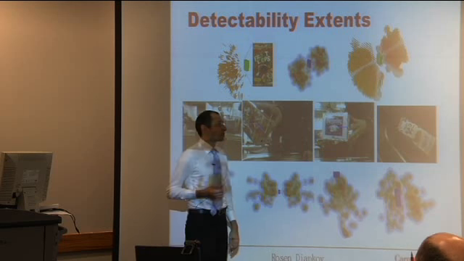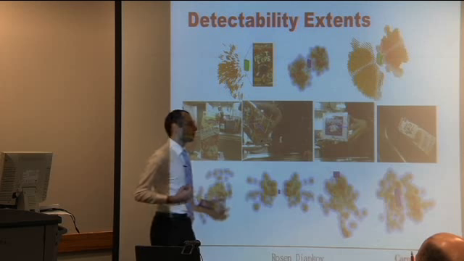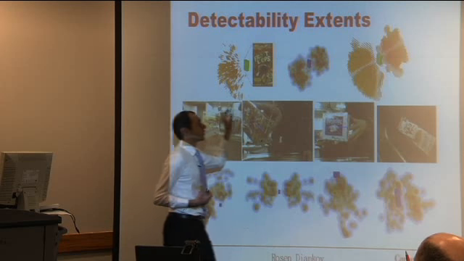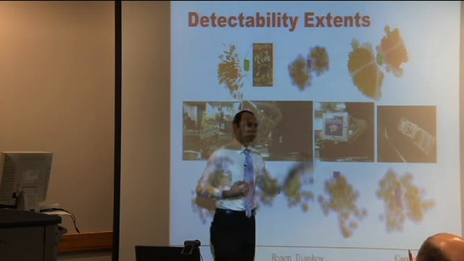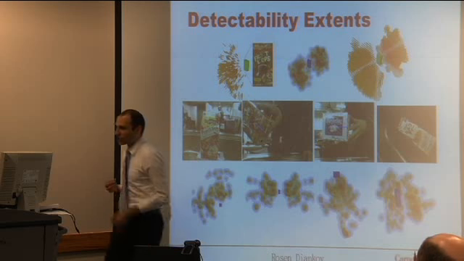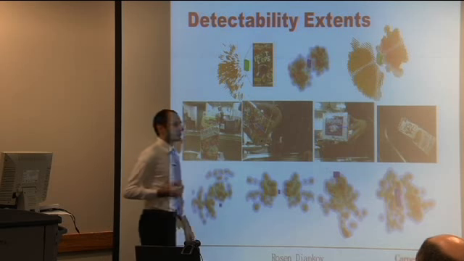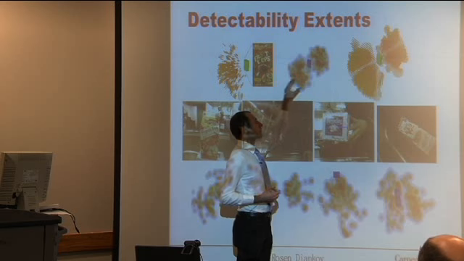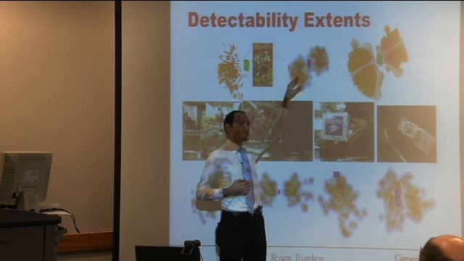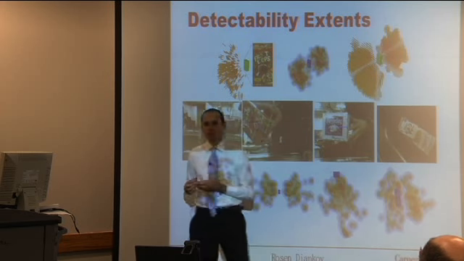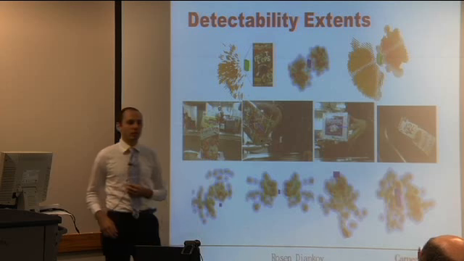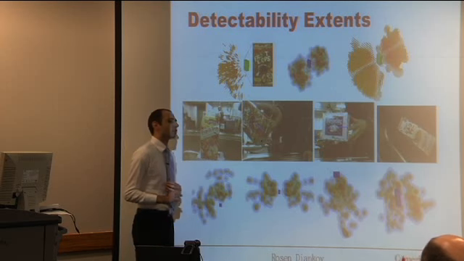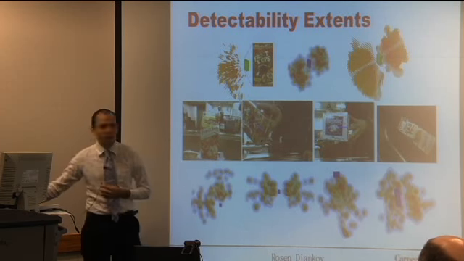The object recognition program will record all the possible poses of the object that was detected. Then it will filter those and convert those into a probability distribution, which we can then sample from. So when you aim for the higher density regions in this detectability extents, you're guaranteed that even if the object has errors and you don't really know where it is, your camera will still be able to perceive it.